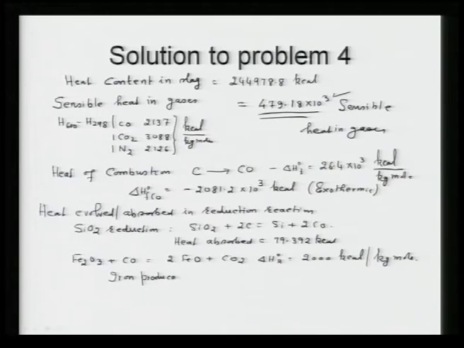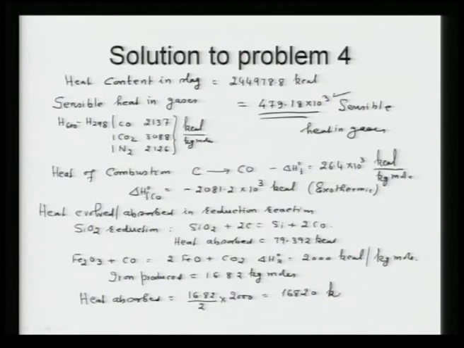Iron produced is 16.82 kg moles, and hence 16.82 kg moles of FeO will also be produced. Therefore, the heat absorbed will be 16.82 divided by 2, because of 2 moles of FeO, into 2000, because it is said that for 2000 kg of iron, that is equal to 16820 kilocalorie.